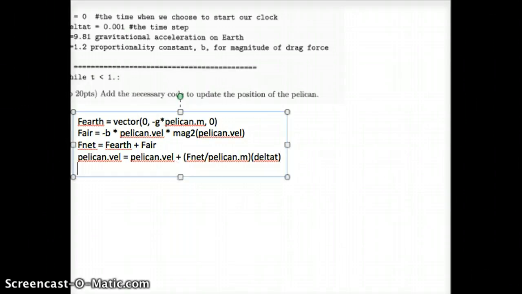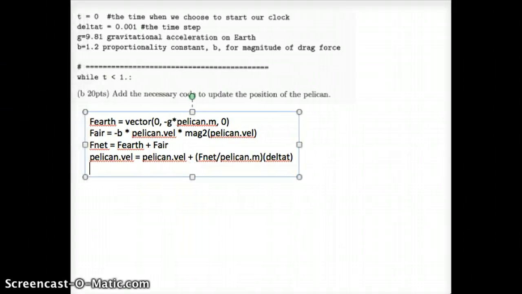This is something that you can derive using Newton's fundamental law, that the change of momentum is equal to net force multiplied by change of time.